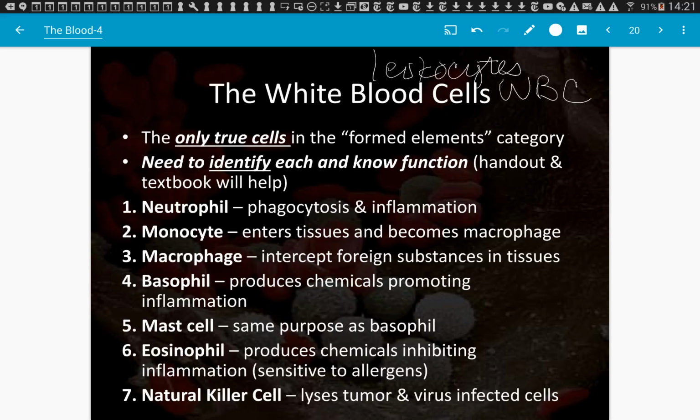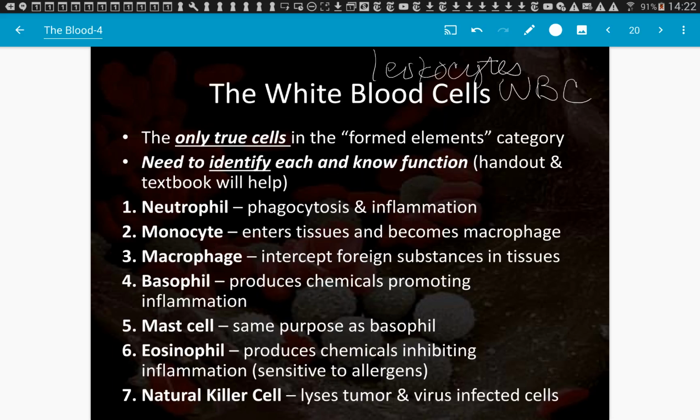Neutrophil is involved with phagocytosis, so engulfing things that are infected or old cells that need to be recycled. It's also involved with the inflammatory response. Monocytes are essentially immature macrophages, and we'll talk through this more as we look at each picture.